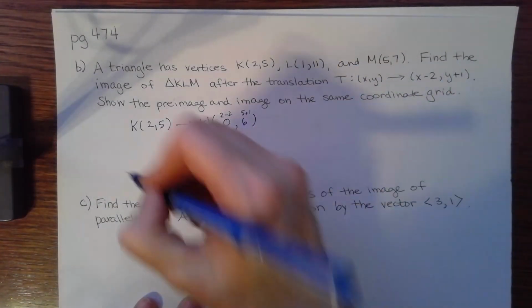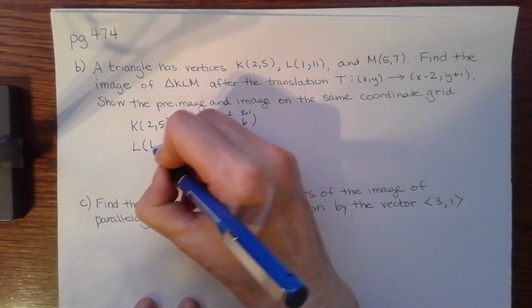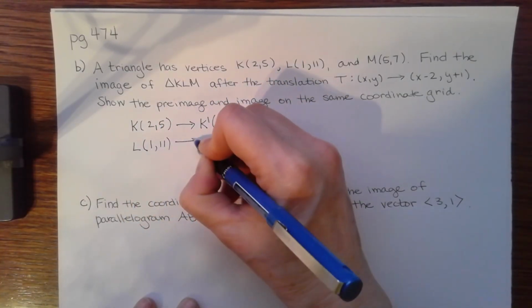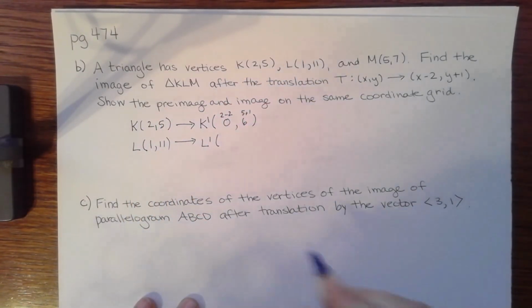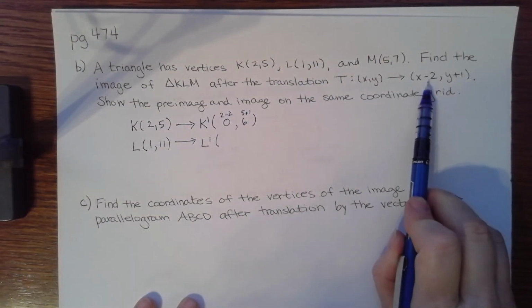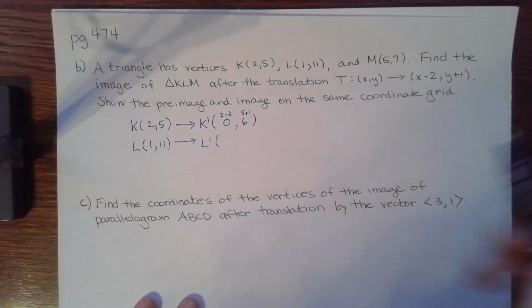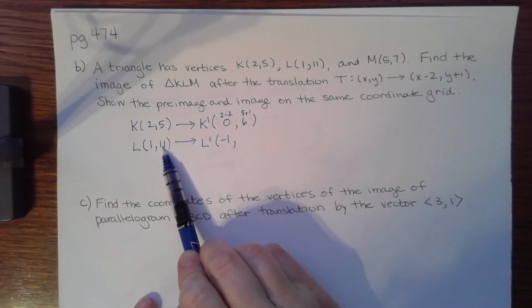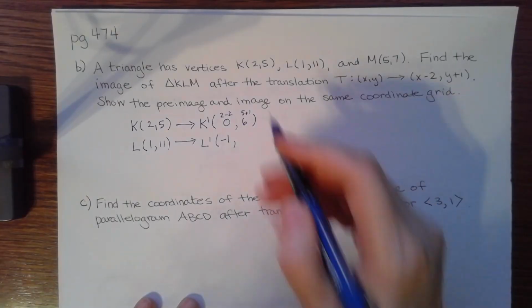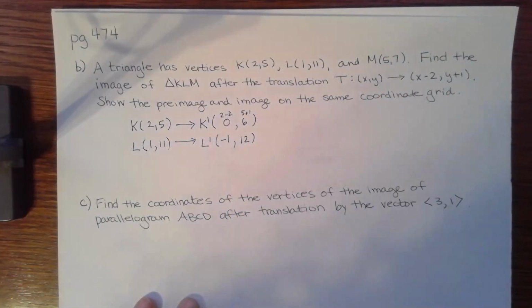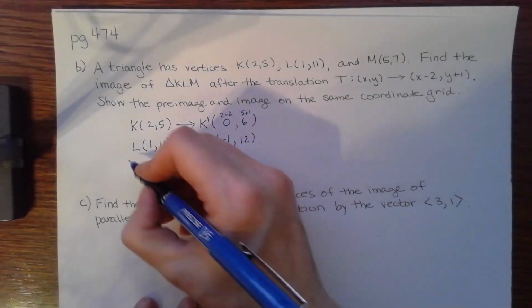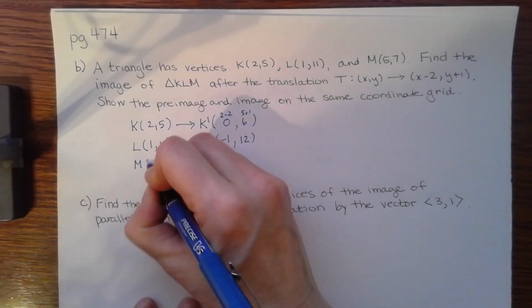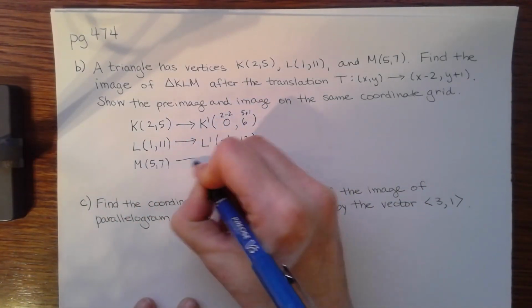Okay, and then we do the same thing with L. So L was (1, 11). So L prime, well, we take the X value, we subtract 2 from it. 1 minus 2 is -1. And then we take the Y value, 11, and add 1 to it. 11 plus 1 is 12. So L prime should be (-1, 12). And then M is (5, 7).